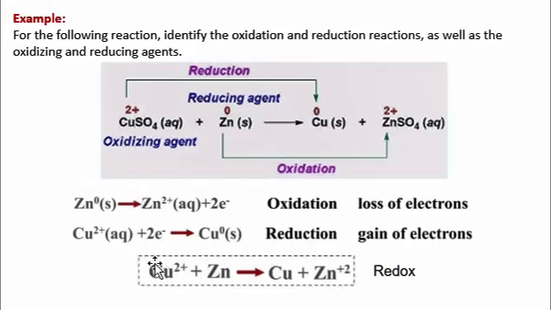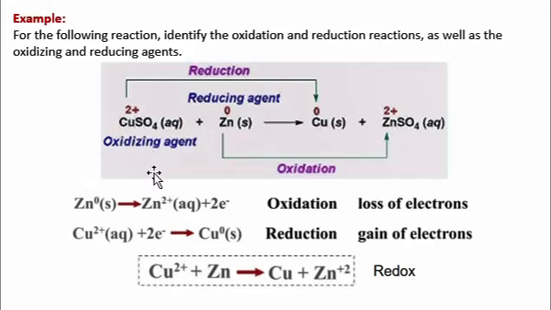But what about oxidizing and reducing agents? As we know, the oxidizing agent causes oxidation. As we see, the zinc atom loses electrons and becomes a positive ion. Therefore, it's oxidized. The substance that causes the oxidation of zinc is copper 2 sulfate.